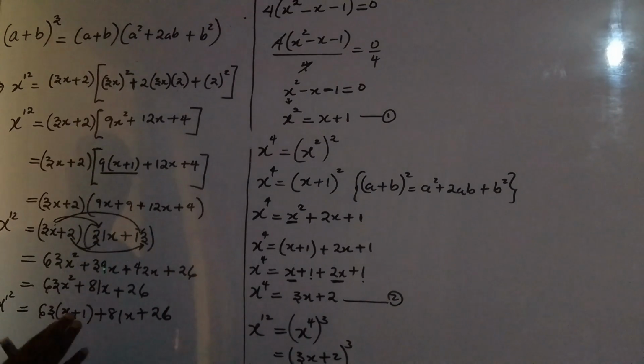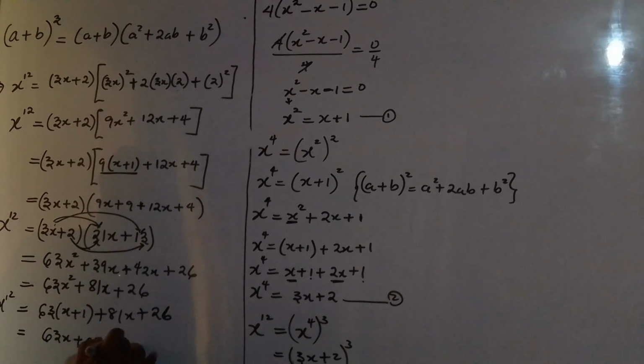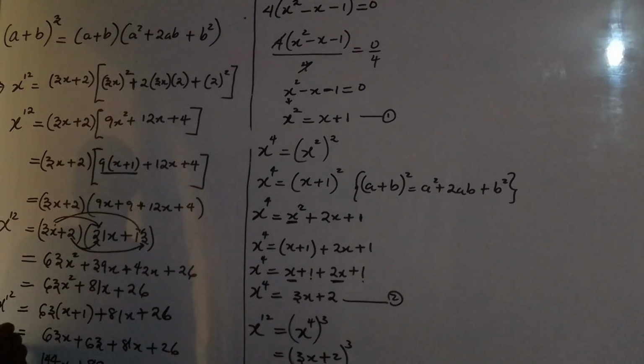Okay, so let's simplify these brackets. I'm going to get 63x + 63 + 81x + 26. 63x + 81x will give me 144x. 63 + 26 will give me 89. Alright, so that is the value of x to the power of 12.